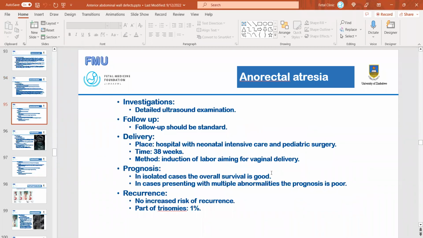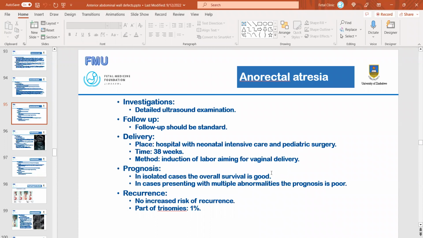We cannot overemphasize that a detailed ultrasound scan examination is required. Normally, for the defects of anorectal atresia, the follow-up is standard, and delivery should be in a hospital with neonatal intensive care and pediatric surgery, at 38 weeks. 38 weeks is very key in fetal medicine because this is where we want to deliver most defects.